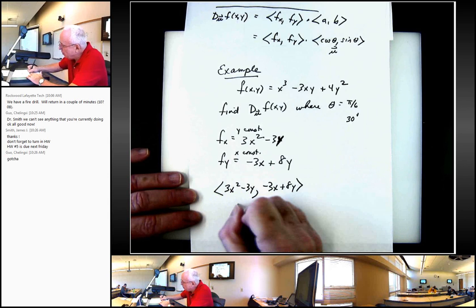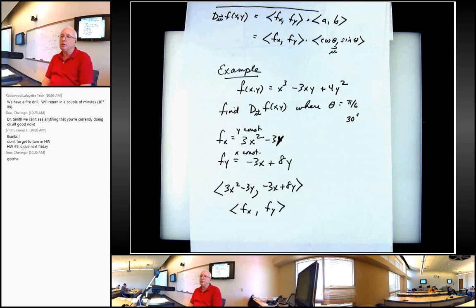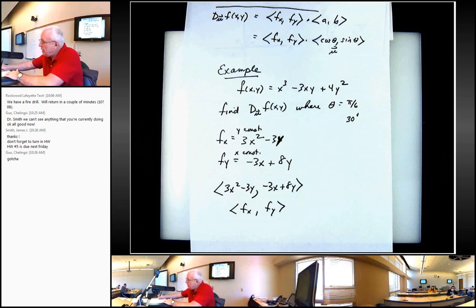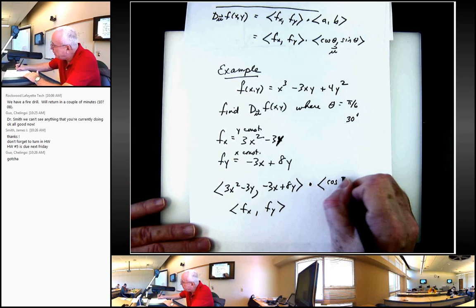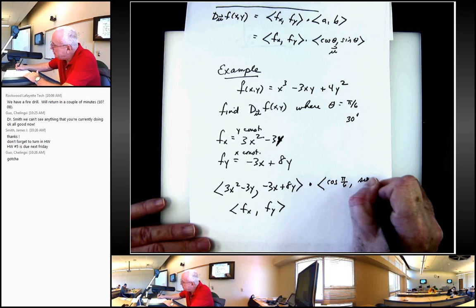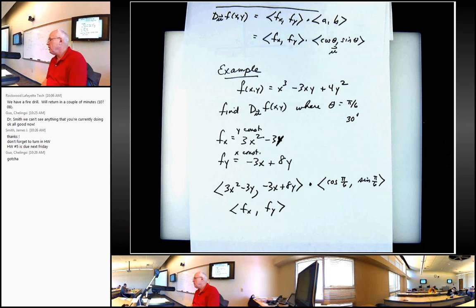So this is our vector. It's actually a vector. This is my fx in the first component, my fy in the second. And we have to dot this with the cosine of pi over 6, comma, sine of pi over 6. So the cosine of 30 degrees is square root of 3 over 2.